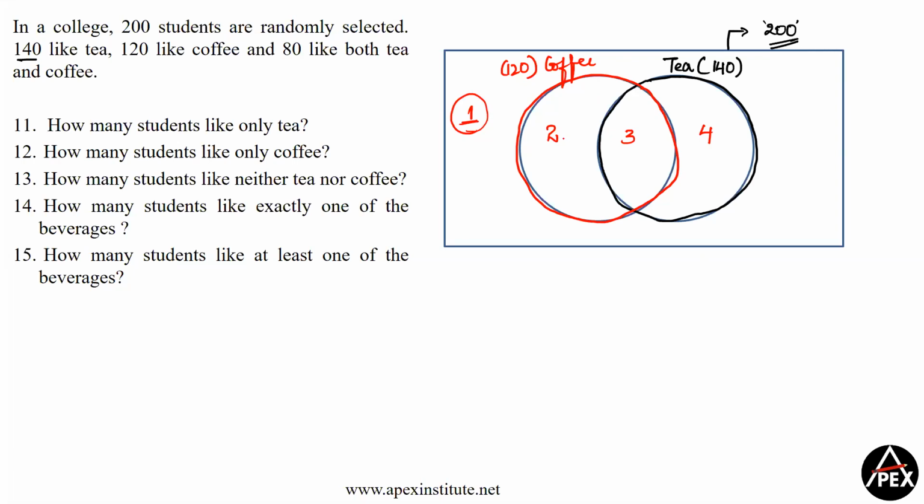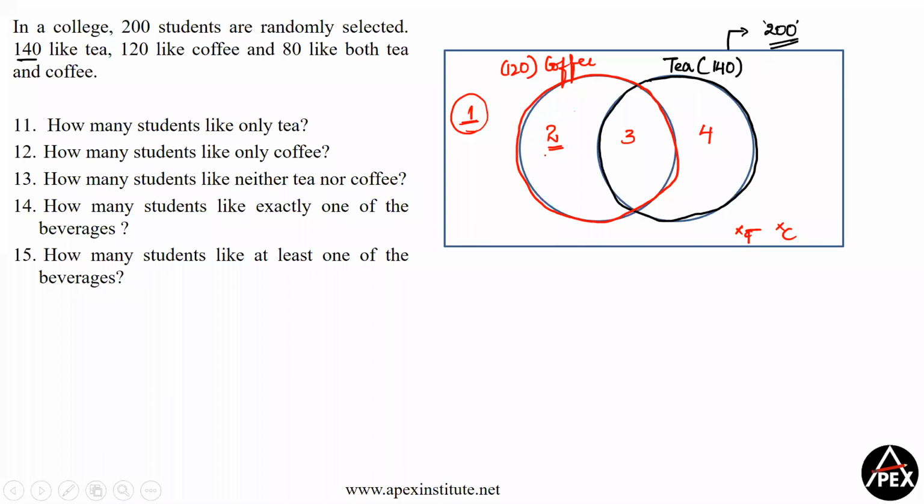Those who do not drink either tea or coffee. So the people outside these two circles will not drink tea, will not drink coffee. Now what does region 2 indicate?